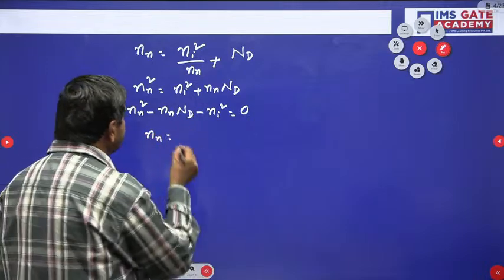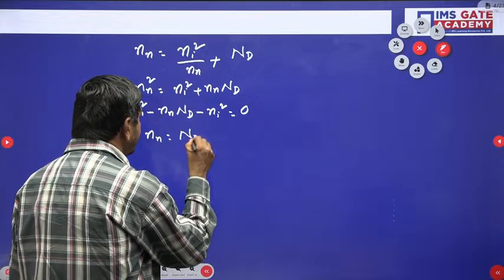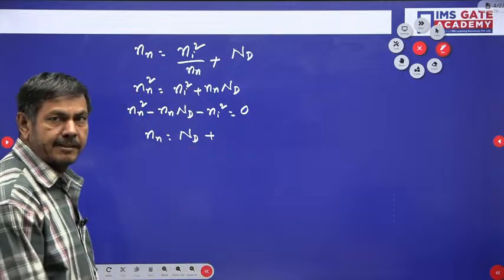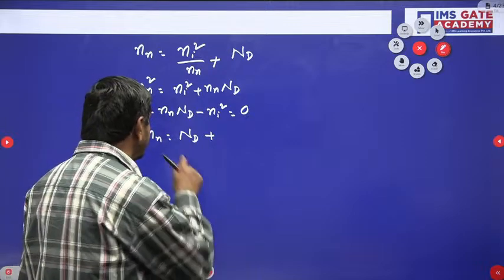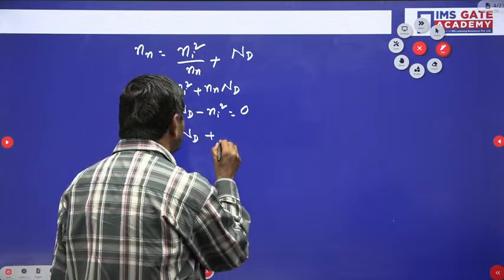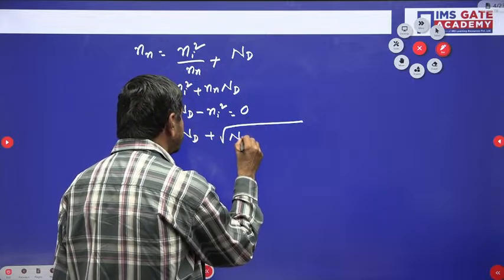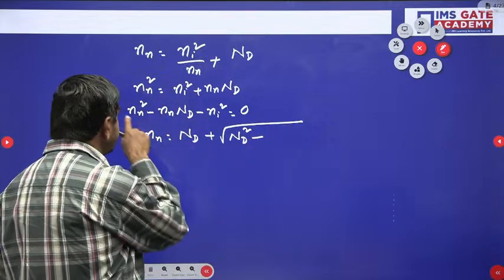Nn equal to minus b, that is plus Nd, plus or minus under root of b square, that is Nd square, minus 4ac.